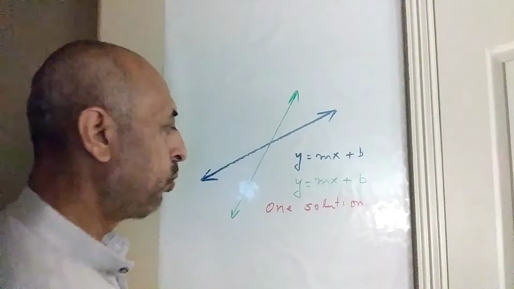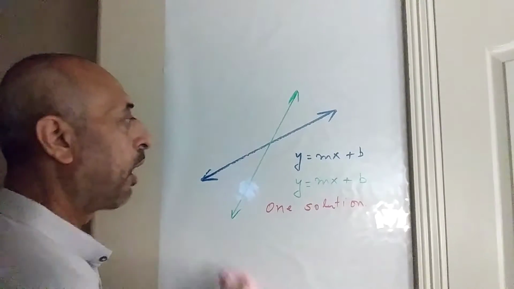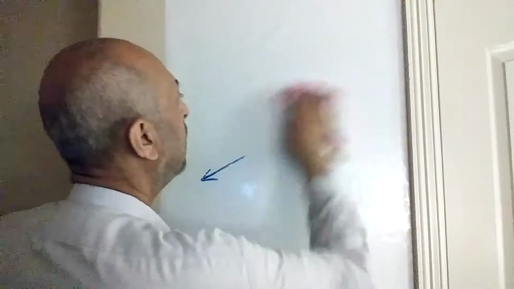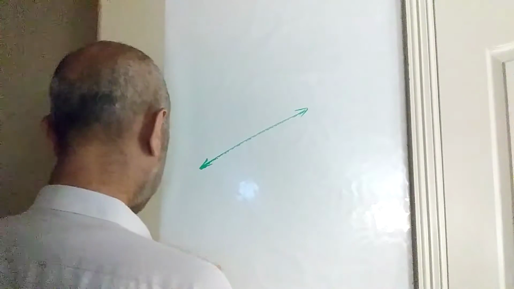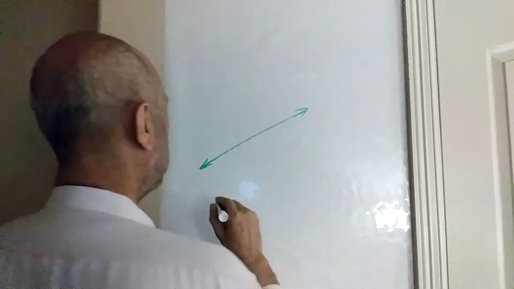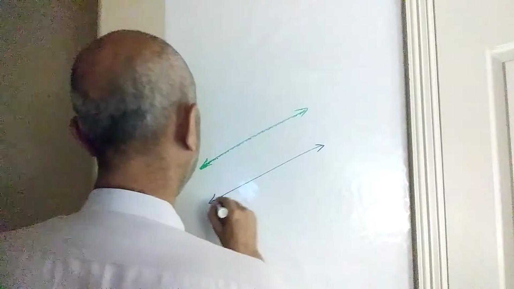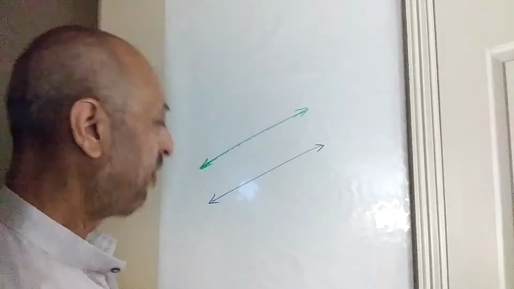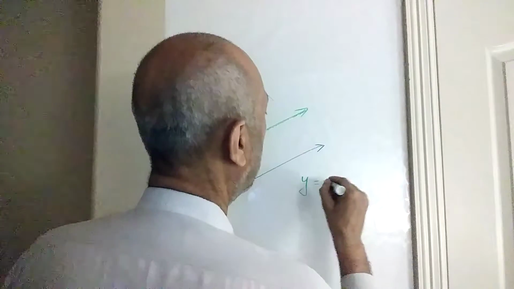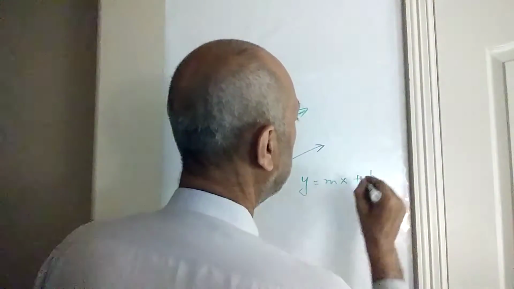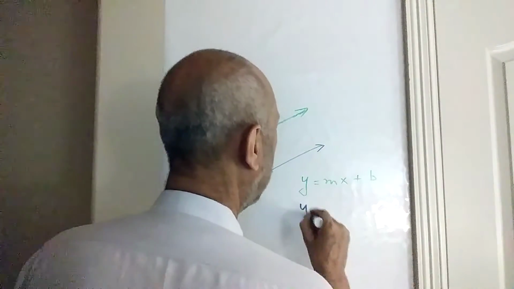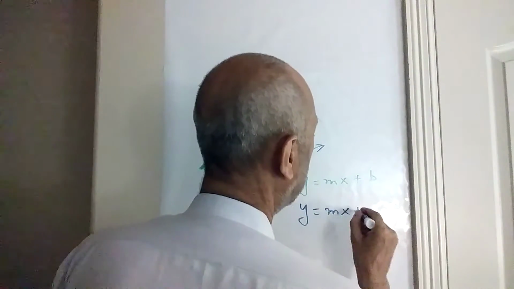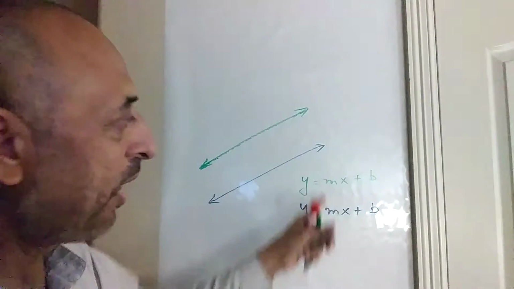The second situation will be when the lines are parallel. If the lines are parallel, that means they have the same slope. That means the equation y is equal to mx plus b, as compared to the equation of the second line, y equals mx plus b, has the same value of m.